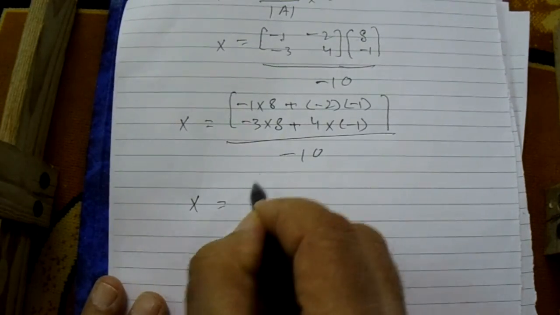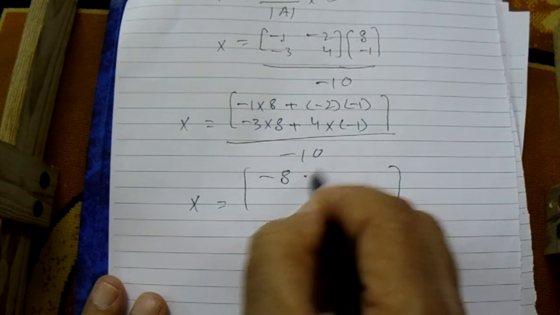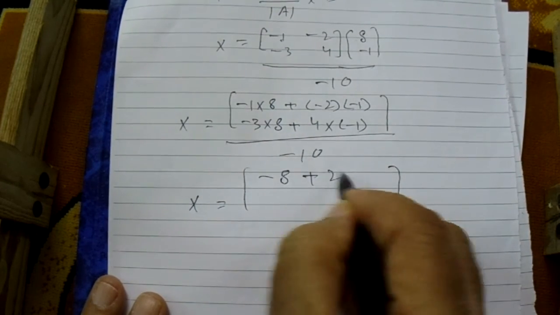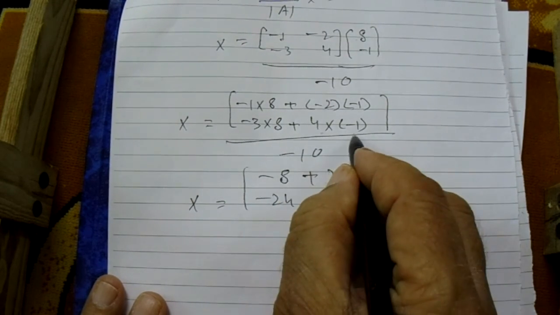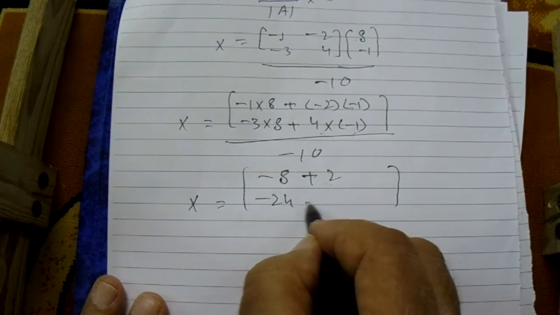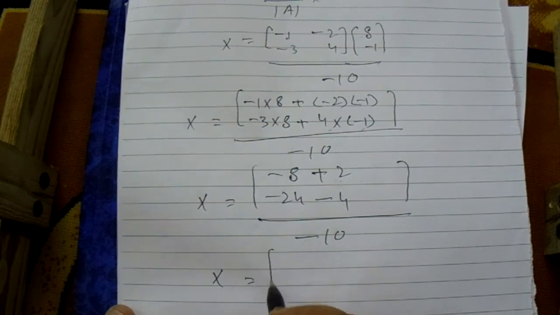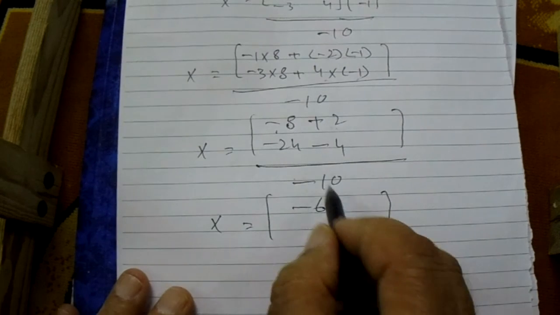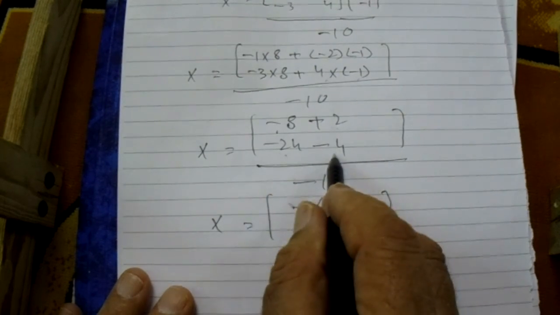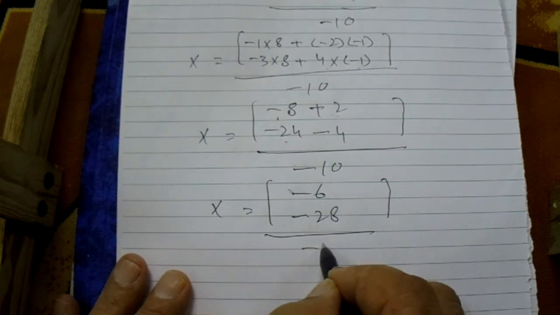X is equal to -8 plus 2, which is -6, and here -24 and -4 make -28, over -10.